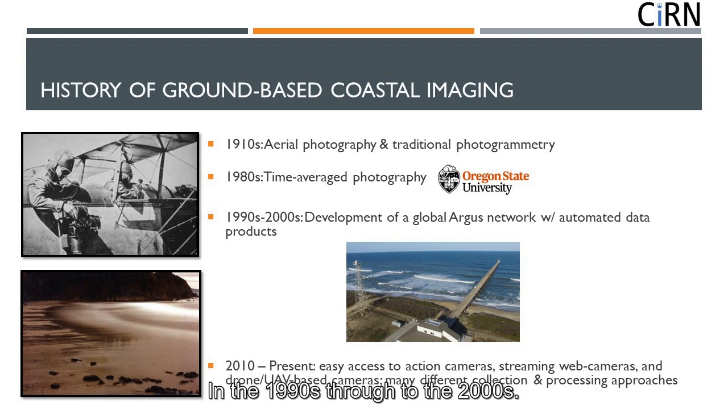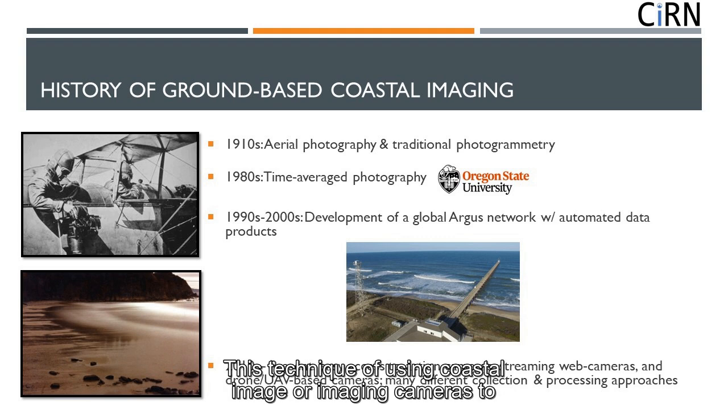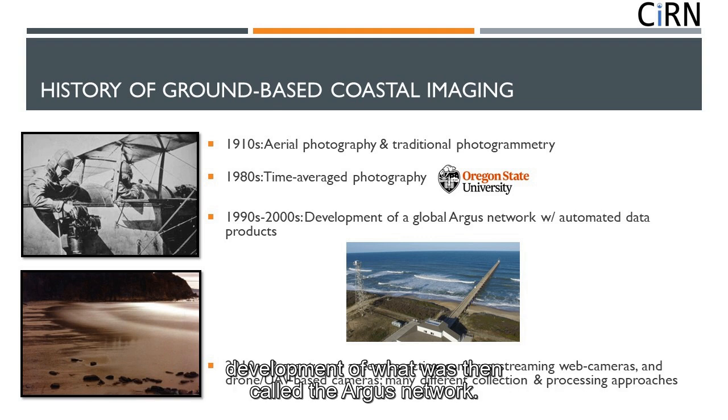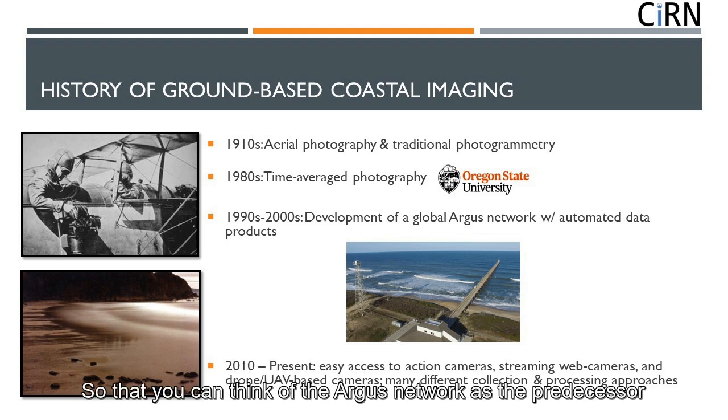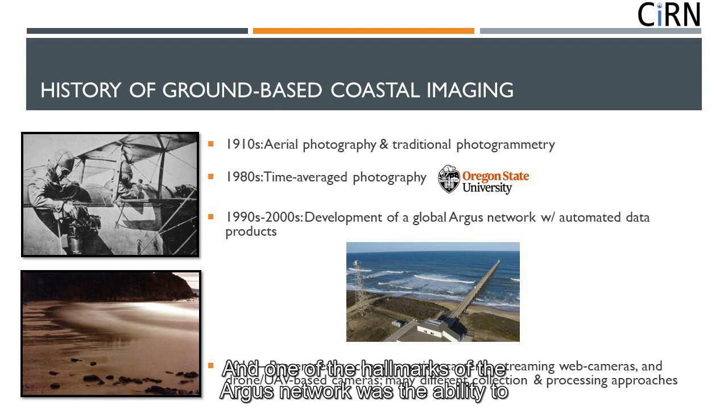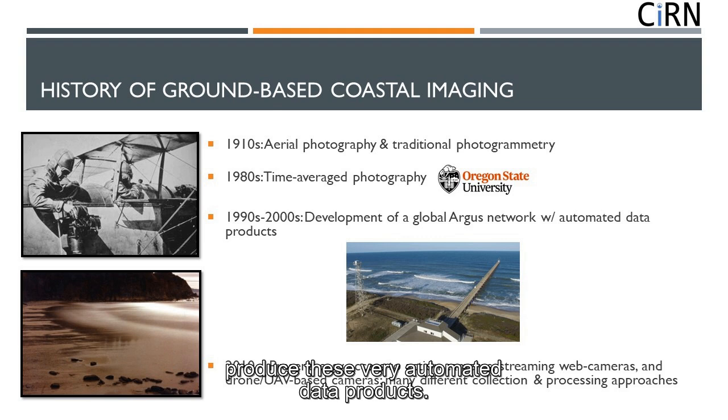In the 1990s through to the 2000s, this technique of using coastal imaging cameras to study the surf zone really expanded globally through the development of what was then called the Argus network. So you can think of the Argus network as the predecessor to CIRN. One of the hallmarks of the Argus network was the ability to produce these very automated data products.